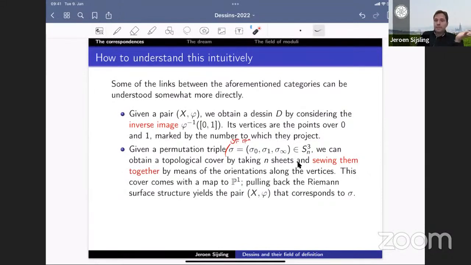A priori, this map is something purely topological at first. But now, if you have a map from a topological surface to a Riemann surface, you can always pull the complex structure back. And that gives you a unique structure on this thing upstairs, which now you call X, that makes it into a Riemann surface. Phi becomes a map of Riemann surfaces, and then you use the other dictionary, which tells you that in algebraic geometry, maps between Riemann surfaces are just maps between algebraic curves, if everything is complete, which it is in this case.